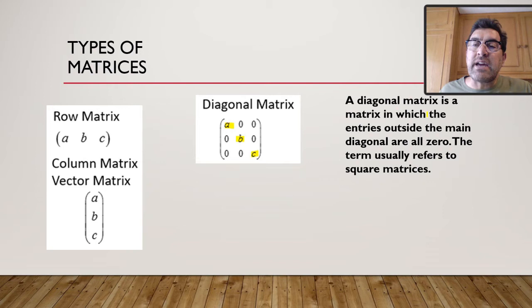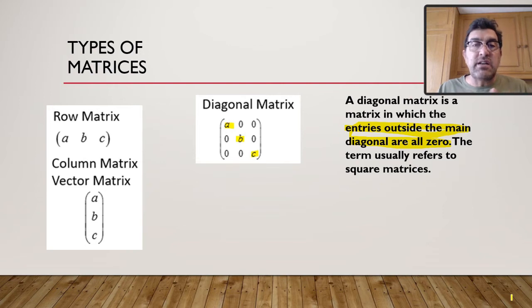So we say a diagonal matrix is a matrix in which entries on the outside of the main diagonal are 0. The term refers to square matrices only. We can only have square diagonal matrices.